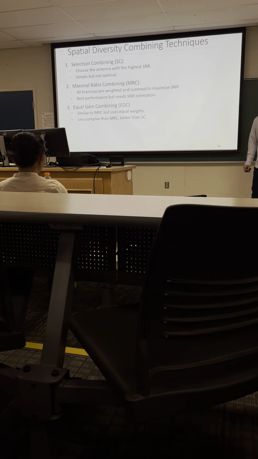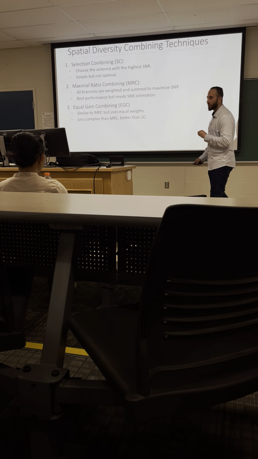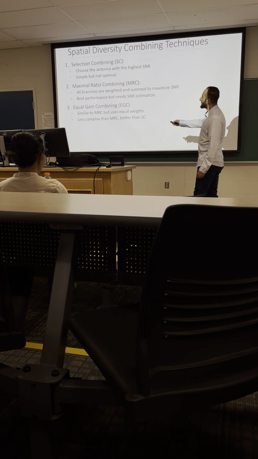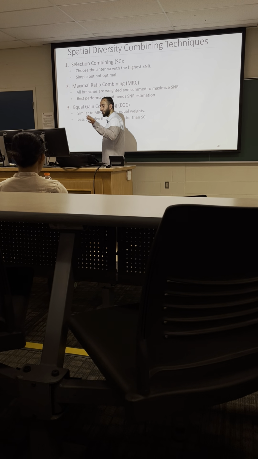If you have a strong signal, you give it more weight. If you have a weak signal, you take it into consideration, but you use a smaller weight. So you have the maximum performance here, and the second is equal gain, which considers all signals and is better than considering only one signal, right? So this is the arrangement, but you need to look at the different perspectives.